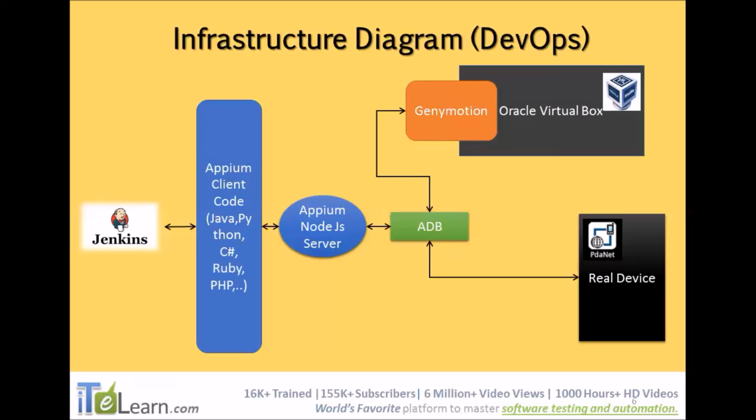So I hope you understood the concepts in the day one session, and in the next session I will show you how to install and configure Appium, and also how to configure Genymotion as well as the real device for the test automation. Thank you for watching the first session.